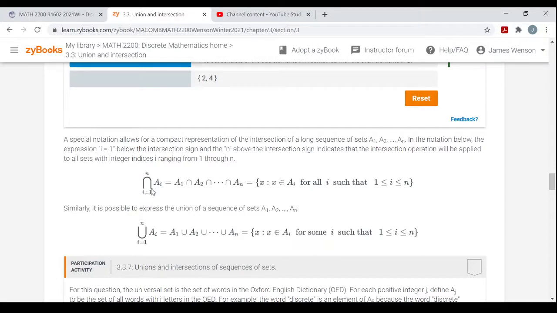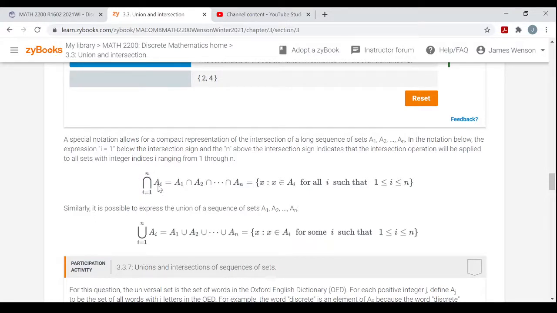This is the intersection, from i equals 1 to n, of a bunch of sets called A_i. So you have A1, starting with the lowest value, and you're doing intersections with all the sets up to An. A1 intersected with A2, intersected with A3, all the way up to the intersection with An.